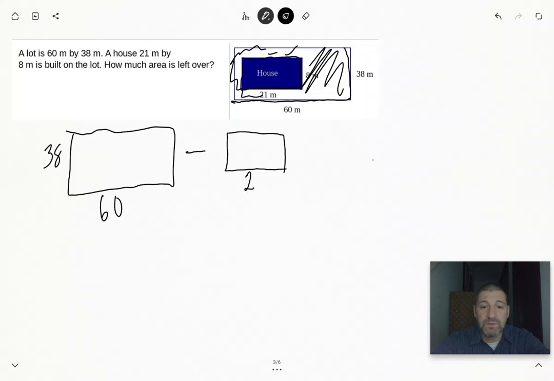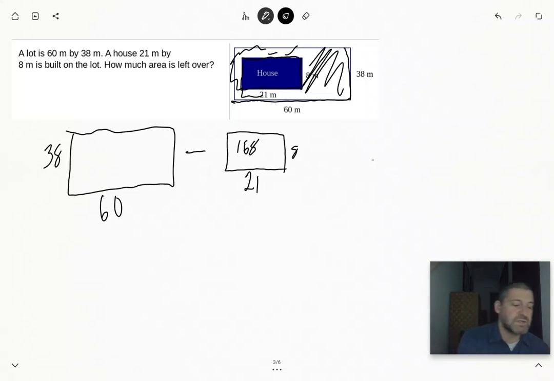That was 21 by 8, which would give us, I believe, 168. Again, those would be meters squared. And 60 times 38 would give us, I'm going to use my calculator. I don't want to get this wrong. 60 times 38.